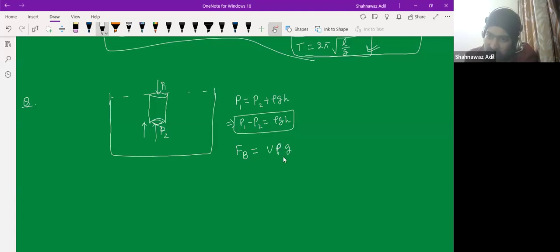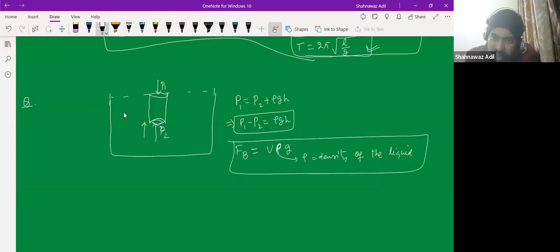This rho is the density of the liquid. Whenever you immerse some object in liquid, it feels an upward force. That force is called the buoyancy force, right? Do you guys remember that part?